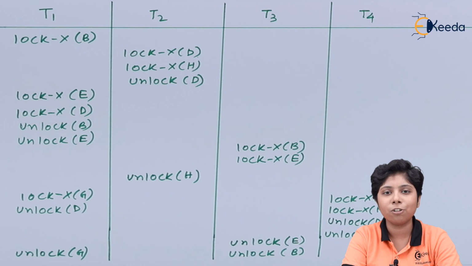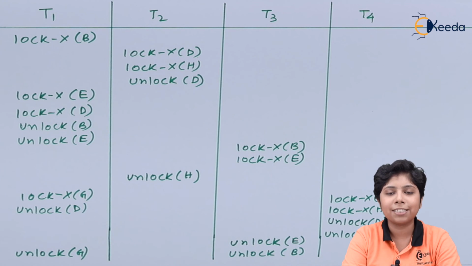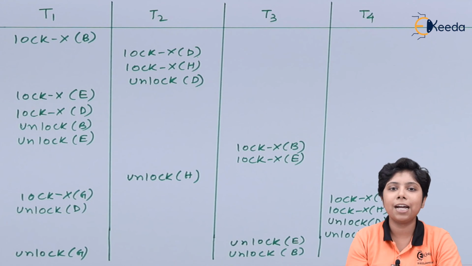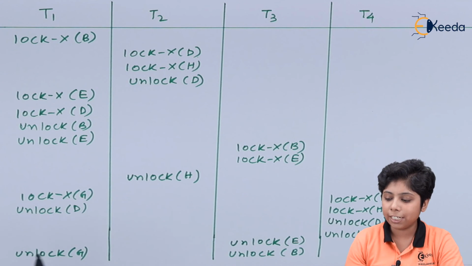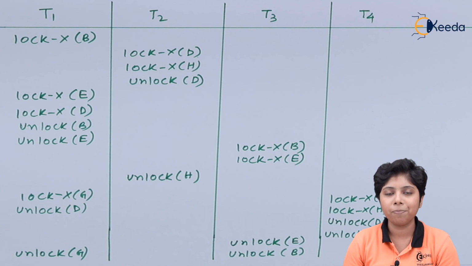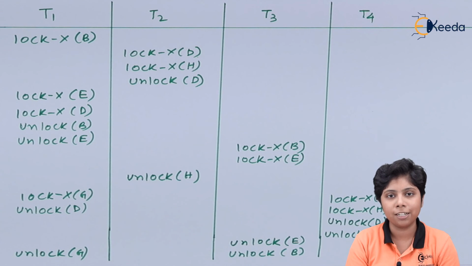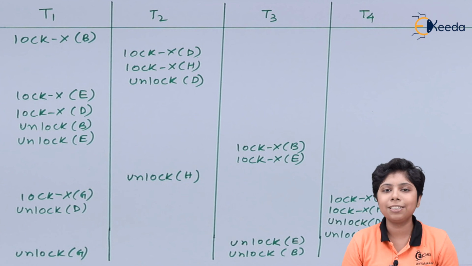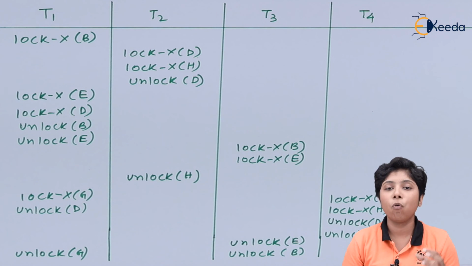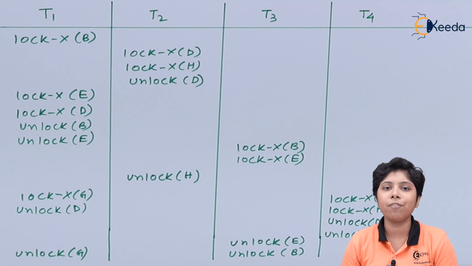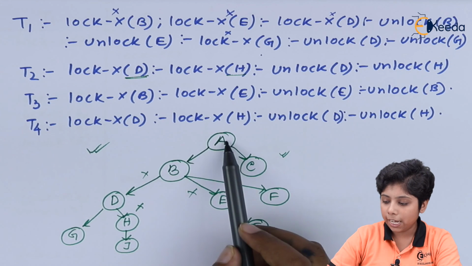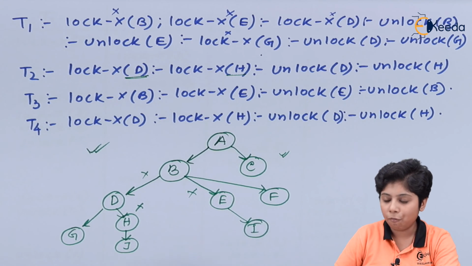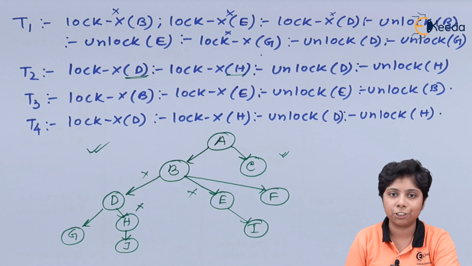Now, what is the advantage of this tree locking protocol? It ensures conflict serializability, and no rollback is needed, since the tree protocol maintains the parent-child relationship. But there is also a disadvantage: even if a data item is not accessed, we need to acquire a lock on it. In our example, the locks on A, C, H, J, F, I are not needed by our transactions, but we have to acquire and maintain them till the transaction commits.